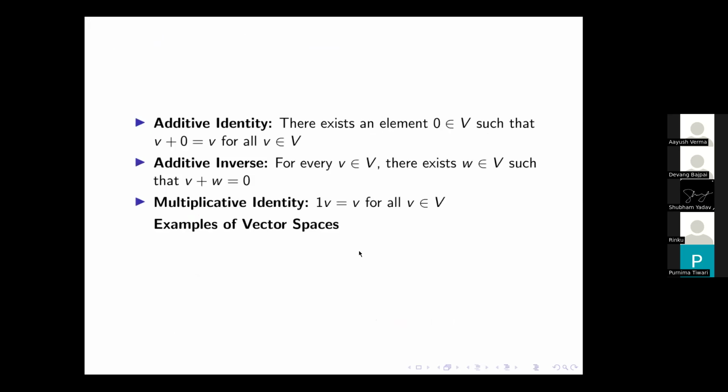Now the next property is additivity. In this property, assume that zero is a vector which belongs to the vector space v. There will be the additive identity, and v plus zero will be the exact vector which we have taken in the starting.